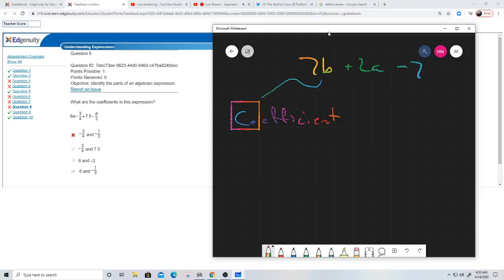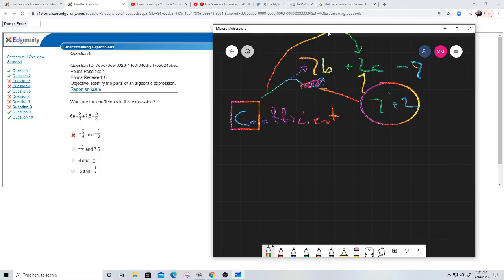And with what? Coefficients go in front of variables, right? So coefficients go in front of variables. So in this problem, my coefficients are 7 and 2, right? Because they're right here.